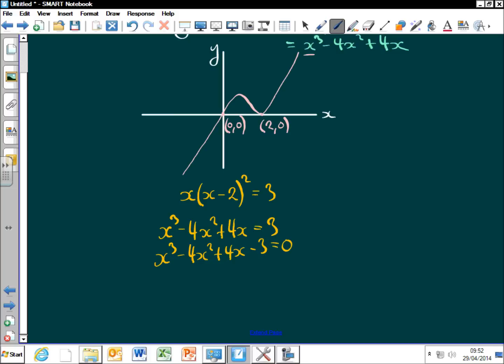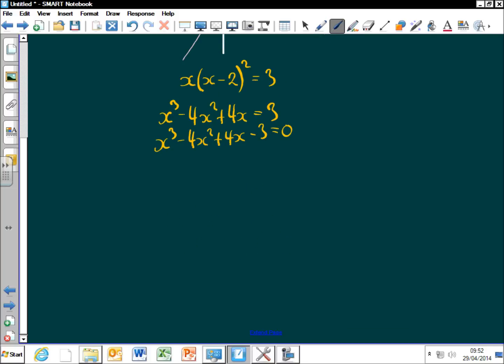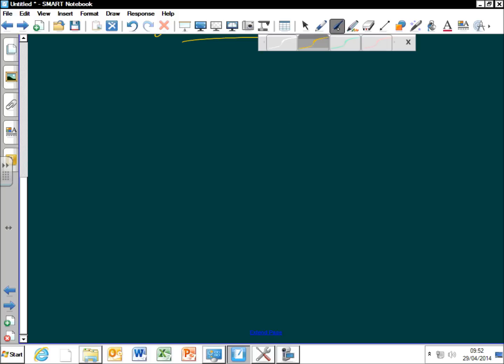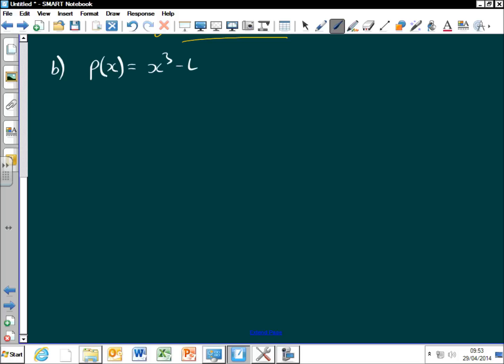Okay, so now we're on to part B. So part B, we're using the same polynomial that we've just shown. Let me just write this out.